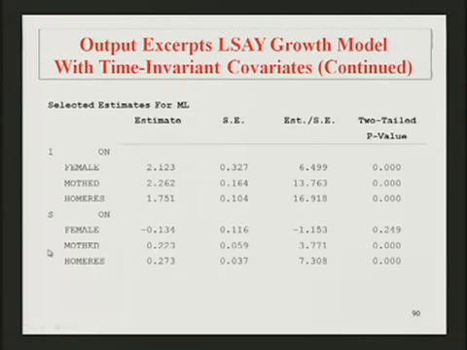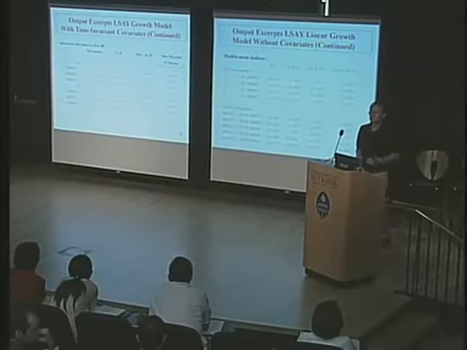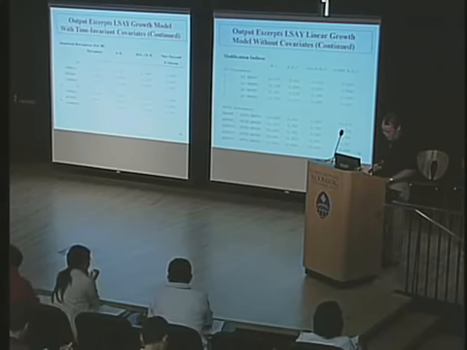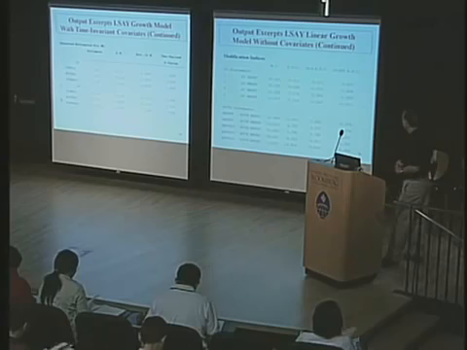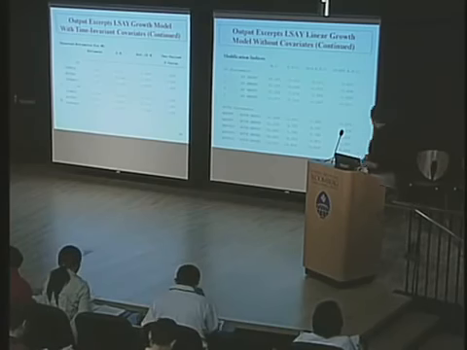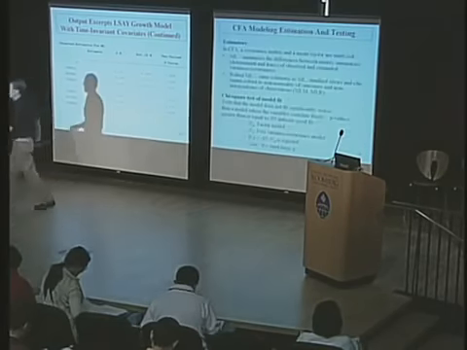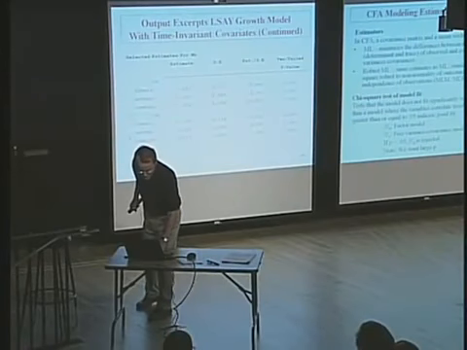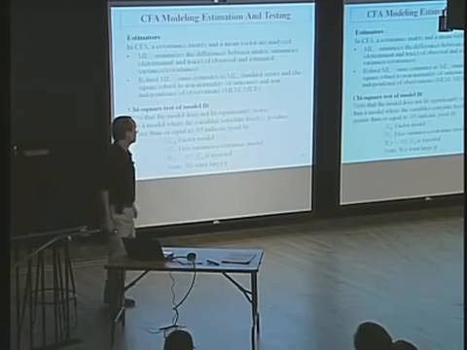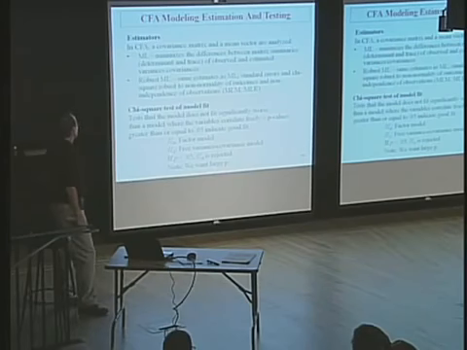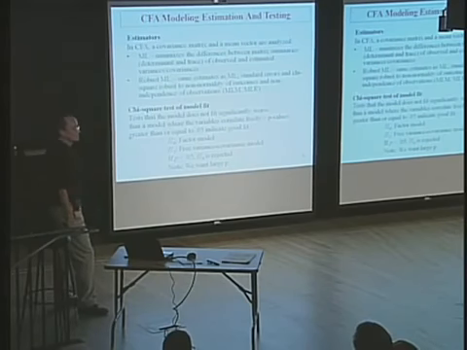Okay, more questions? Yes? I was wondering, on slide 56, you talked about robust standard errors, MLR. Relating to that statement, with the robust standard errors, is there a point where that breaks down?